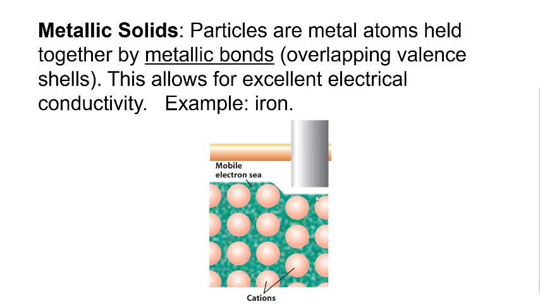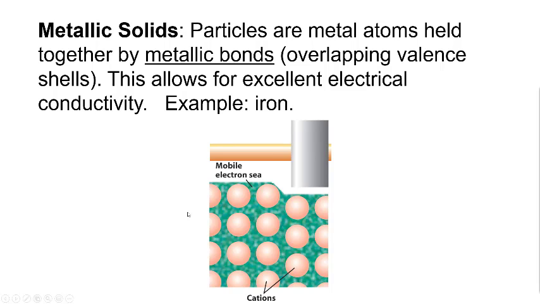Finally, I'd like to introduce metallic solids. Metallic solids are where metal atoms are held together by metallic bonds, which are overlapping valence shells. This allows for excellent electrical conductivity. For example, any of our transition metals, iron, copper, lead, silver, gold, any of these metals are held together through a metallic bond.